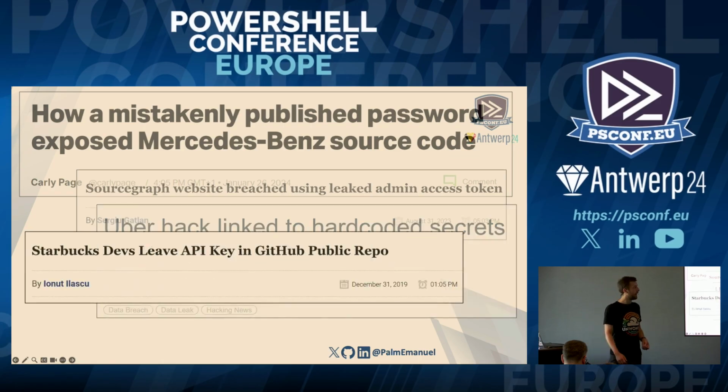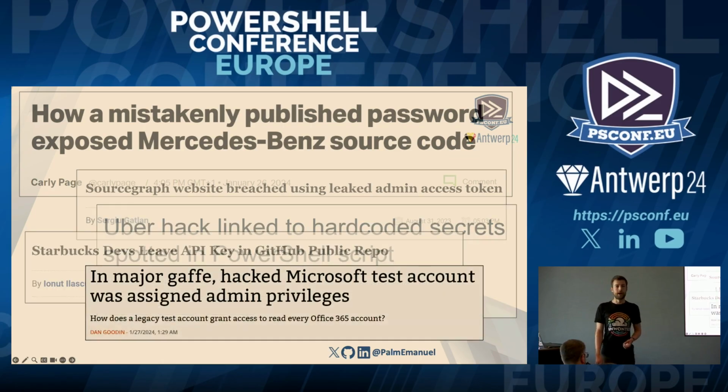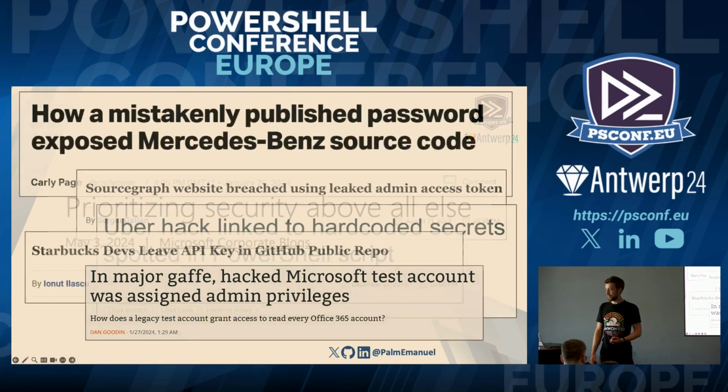Starbucks left an API key in a public repo, and even Microsoft had a test account in a test tenant that managed to be escalated all the way to read management mailboxes. This is human errors, mostly, and that's why it's so important for us to understand authentication.